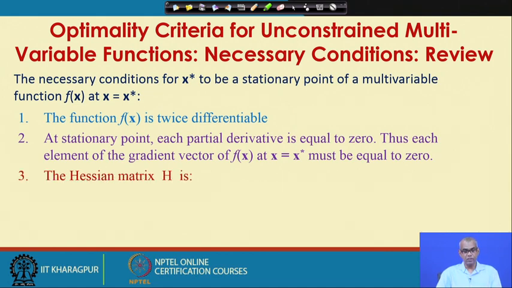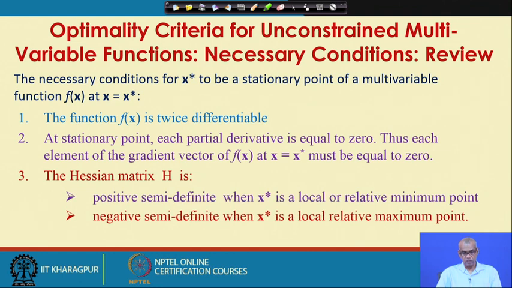The Hessian matrix H has to be positive semi definite at x star when x star is a local or relative minimum point. The Hessian matrix H is negative semi definite when x star is a local relative maximum point.